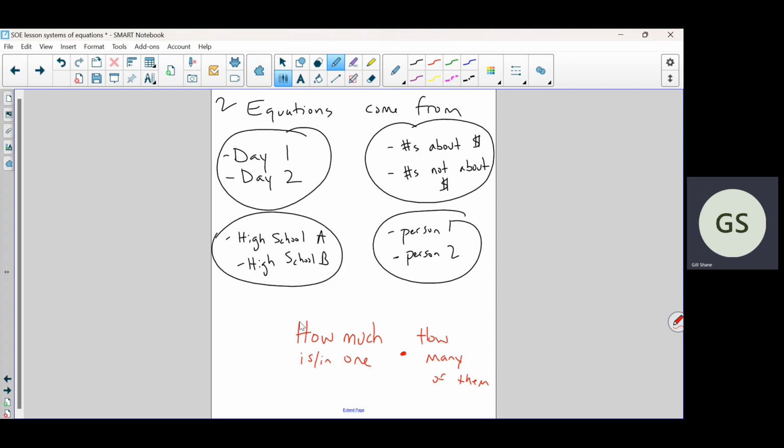So the total number of coins equals. And then just write it equal. So erase the is. Big equal. You can erase that. That's the beginning of your equation.